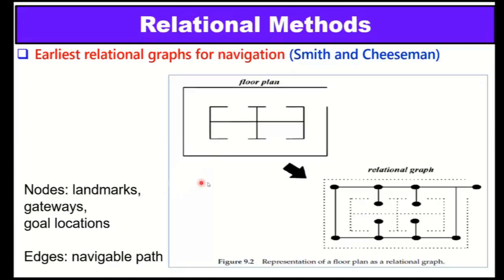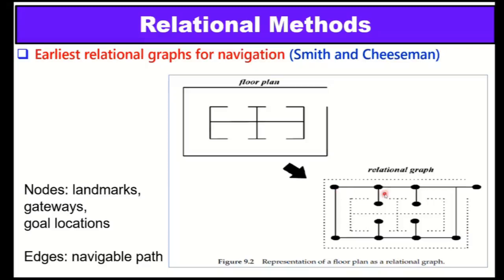Similarly, your goal location can be a node, and the edges will be navigation paths or navigation routes. So this was our overall floor plan. Now we decompose that floor plan as a connection of nodes. This is said to be a relational graph.